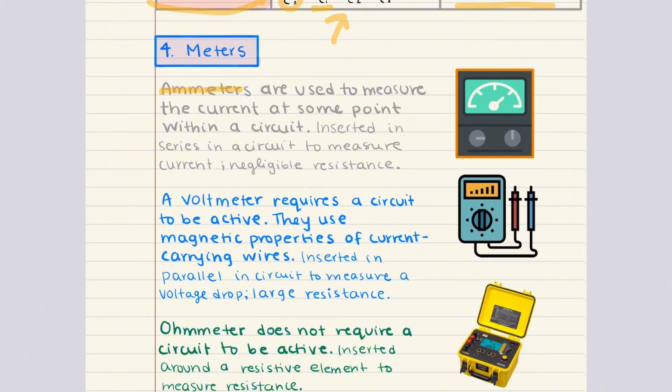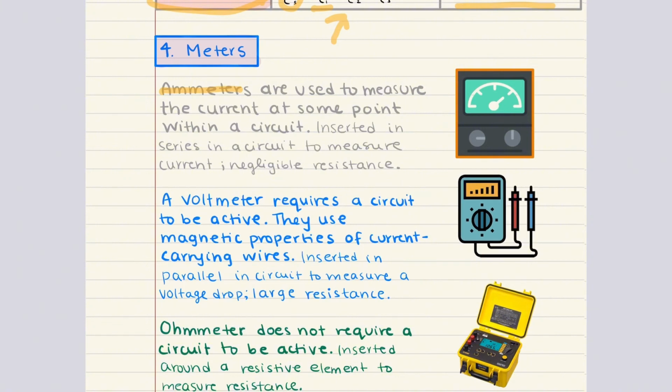They work by leveraging the magnetic field produced by current-carrying wires, causing a needle to deflect or a digital display to show the current reading. In circuits with high currents, an ammeter can become overwhelmed. In such cases, a shunt resistor, which is a low resistance path, is connected in parallel to protect the meter by diverting part of the current.